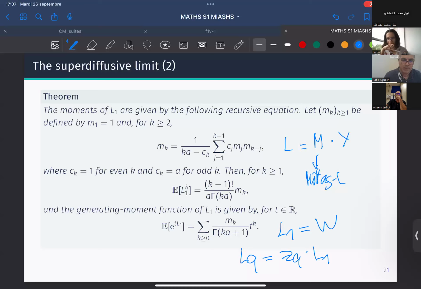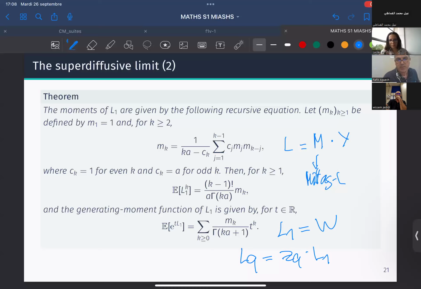And so all the moments of L can be obtained as a limit of the moments of Mn. So if we can obtain a recursive equation, I think the answer is yes.